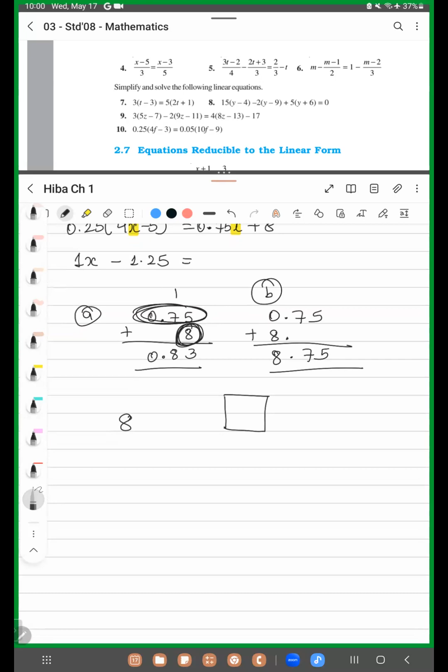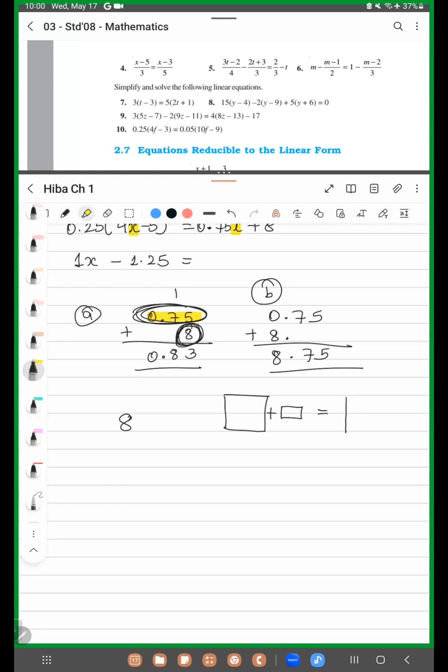It is smaller than 1. So there is a number that is bigger than 1 and there is a number that is smaller than 1. उसको जब हम ऐड करेंगे तो जो फाइनल नंबर हमें मिलेगा, इट शुड बी बिगर देन 1 और स्मॉलर देन 1। दोनों पॉजिटिव नंबर्स हैं, ठीक है ना?